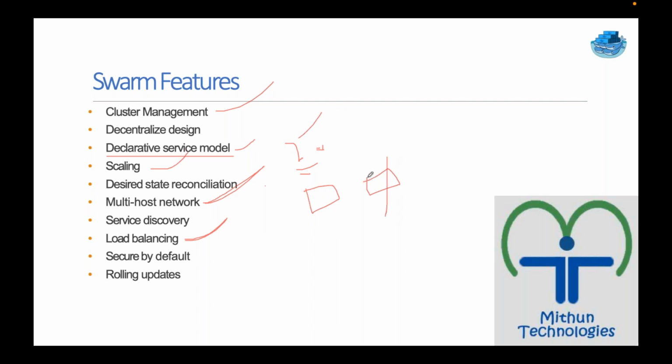If something goes wrong with one of the containers, desired is 2, actual is 1. Does it match the desired state? Since actually we have only 1 container for that service, is it going to create another container again? That is the desired state reconciliation. So this way, if I create a service with 2 replicas, will I always have 2 containers in that cluster for that service?